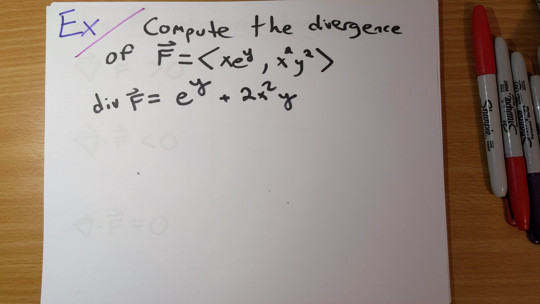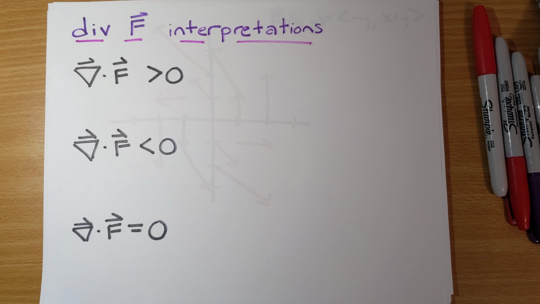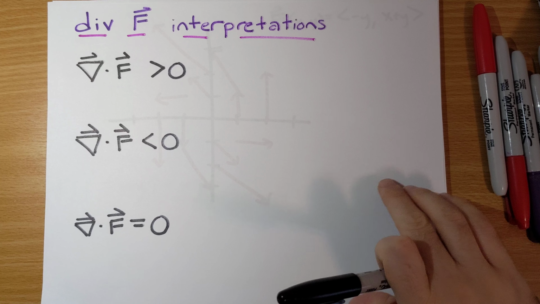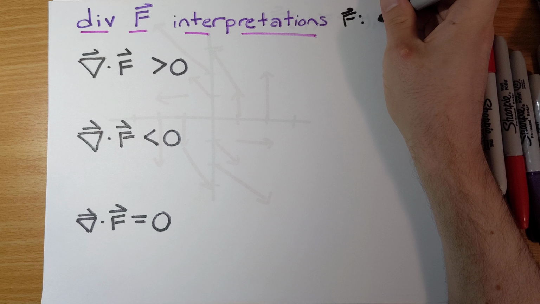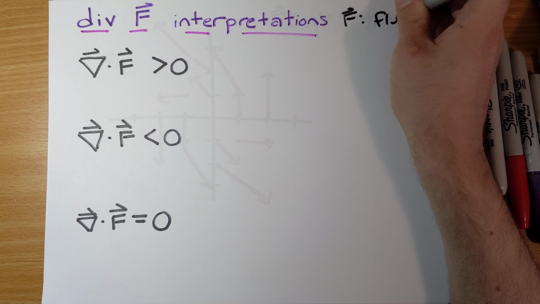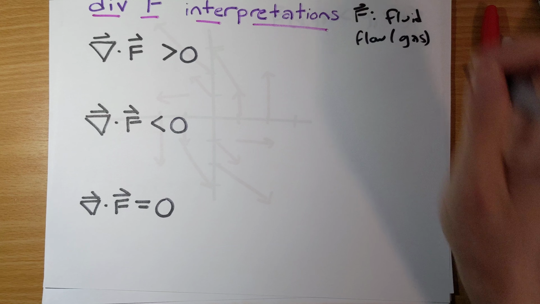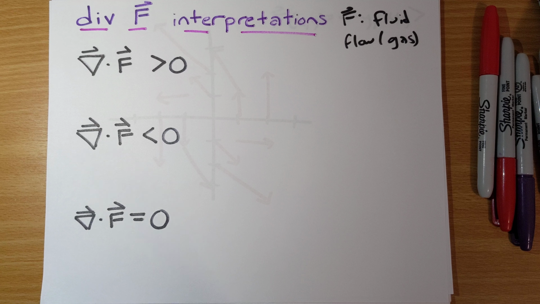There are some nice physical interpretations of this, and something I just want to say here. Let's think about f on this slide as corresponding to a fluid flow, like, for example, a gas. As it turns out, the divergence will tell us, is our gas expanding or contracting?